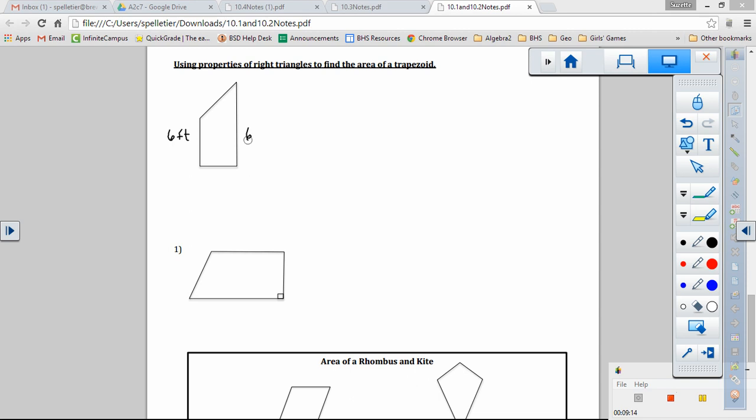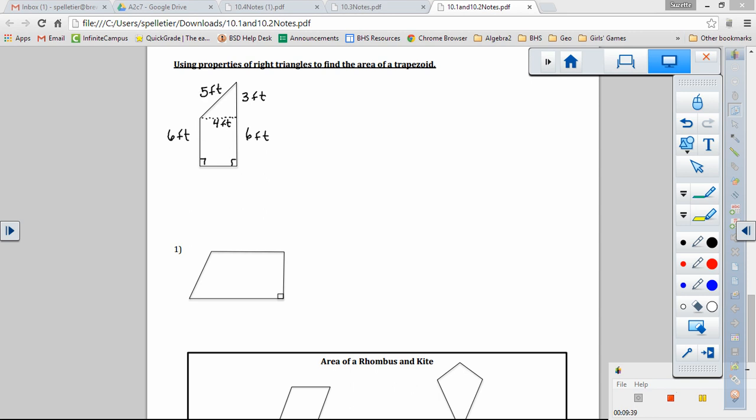We have 6 feet on this side because I'm going to break it right here into 2 sections. And I'm going to tell you that this is 4 feet. And so these are right angles. And then I'm going to tell you that this is 3 feet. And I'm going to tell you that this is 5 feet.